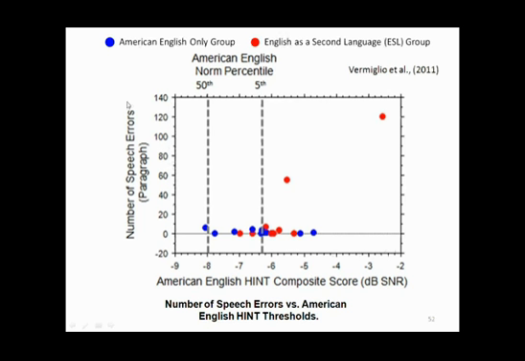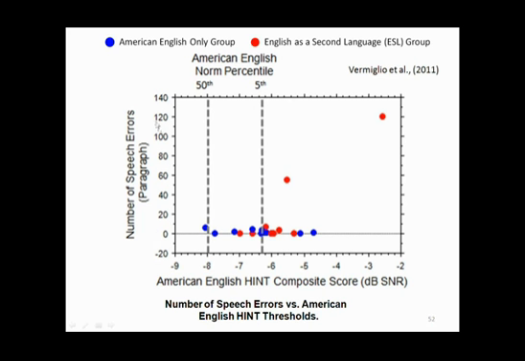And here are our data. The y-axis represents the number of speech errors. These values are from a speech error analysis conducted by Dr. P.J. Seymour at Cal State Northridge.